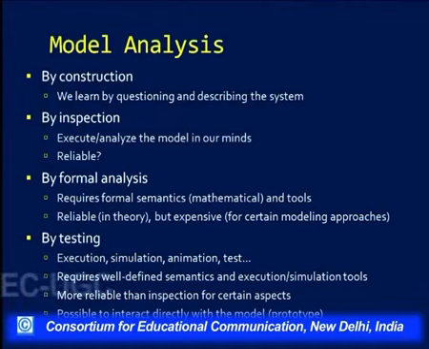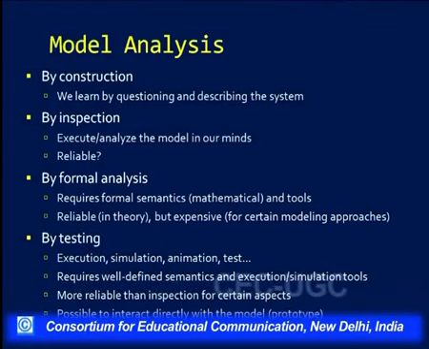Then there is formal analysis of the model, which requires more mathematical tools and semantic and syntactic knowledge. This approach is more reliable in theory, but it becomes very expensive in practical implementation.